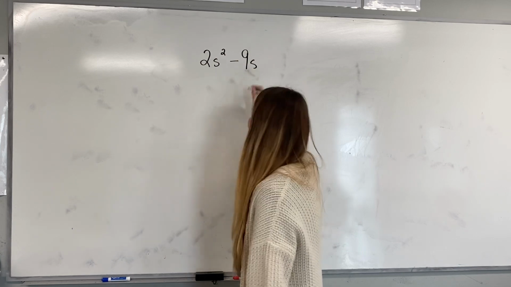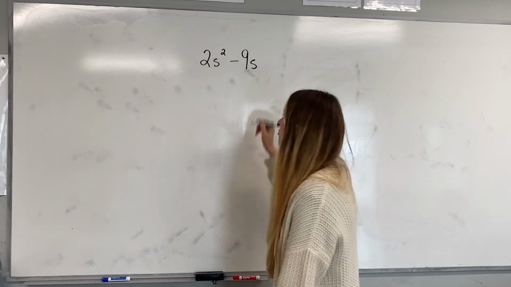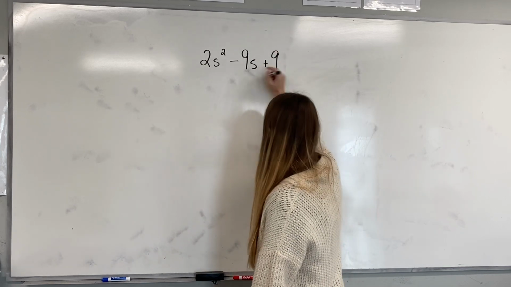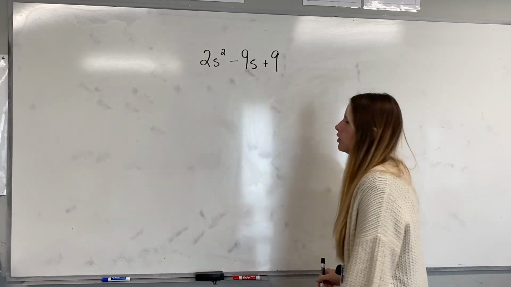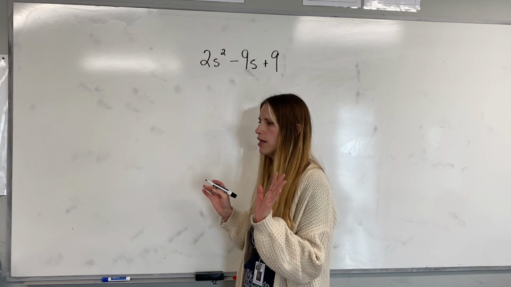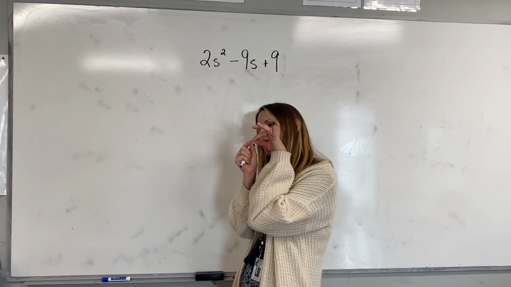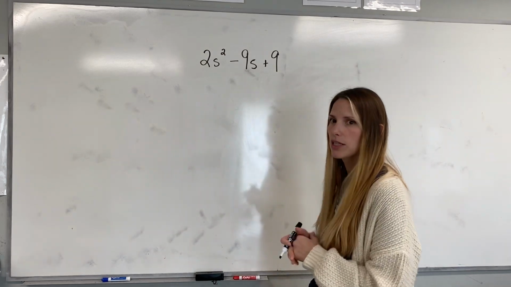Oh no, that negative is going to cause all sorts of problems. We'll figure it out. Did I copy that right? 2s squared minus 9s plus 9. We're going to go through all the same steps. Nothing's going to be different except for one tiny little part towards the end when we're factoring our teams. But let's just go through the steps.